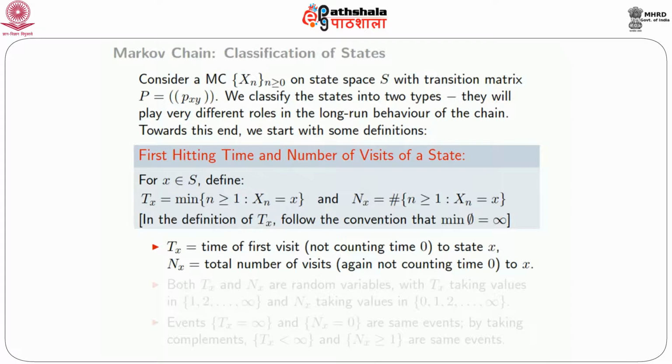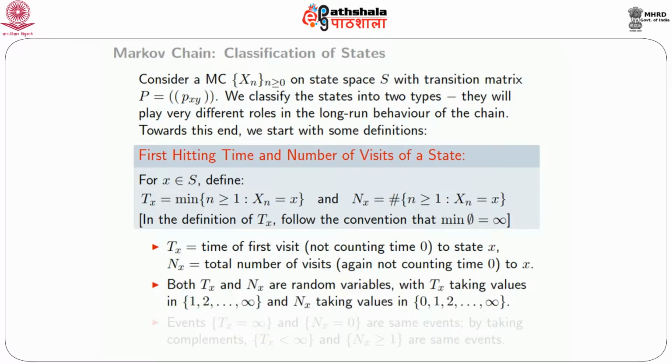Now these two play a very important role in our further analysis. One thing is clear: both T sub x and N sub x are random variables, with T_x taking values in 1, 2, 3, etc., positive integers, but it can also take the value plus infinity.